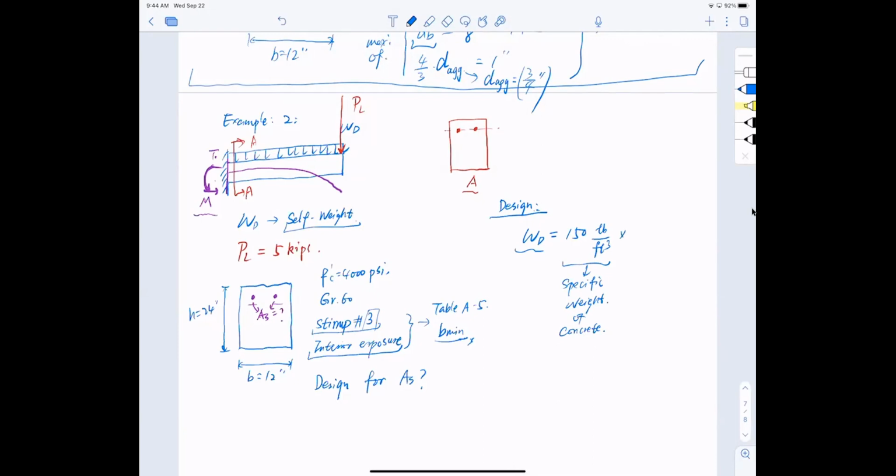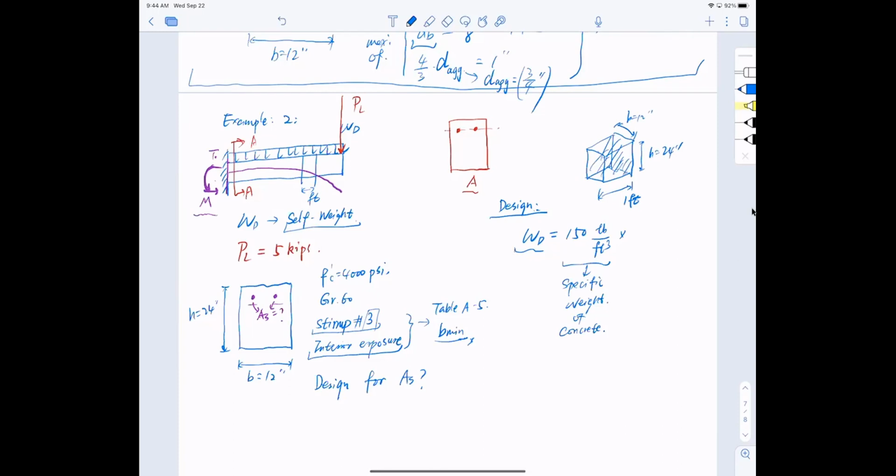Because I look at the section right here, per foot, and this is 3D. So per foot, I have a section like this, with a width B equal to 12 inch and height H equal to 24 inch. And all this solid concrete would take the weight.